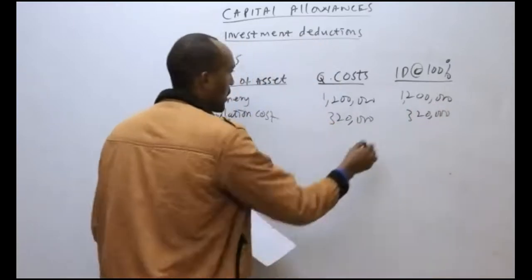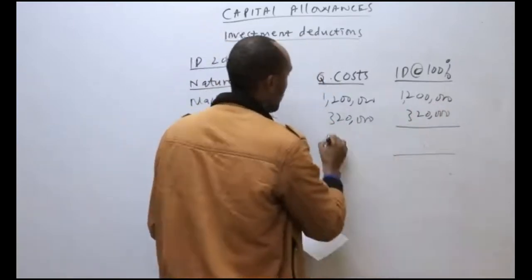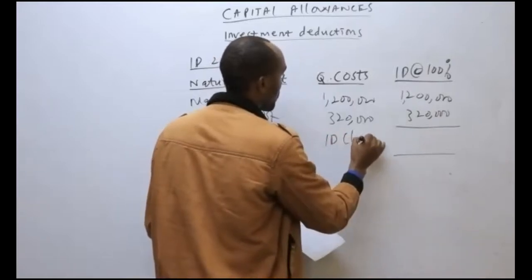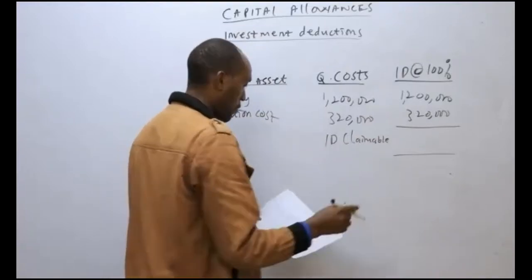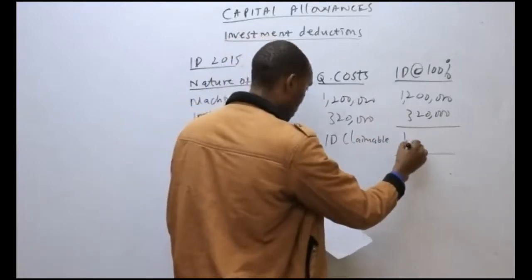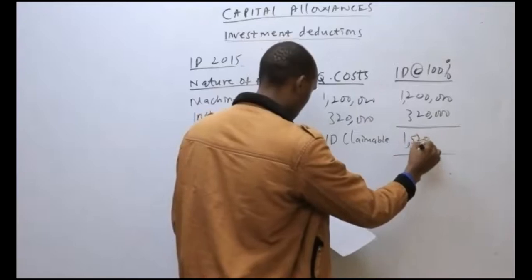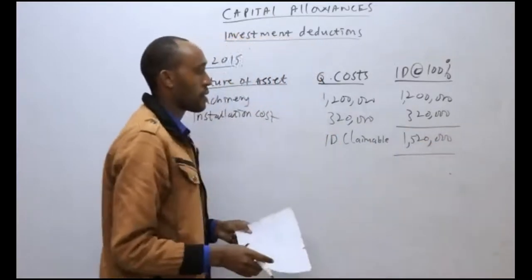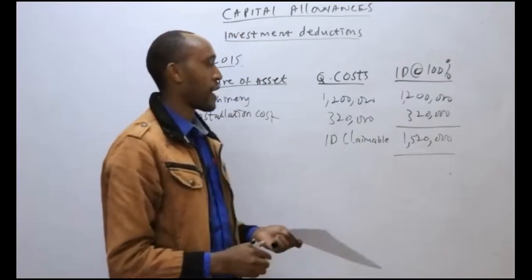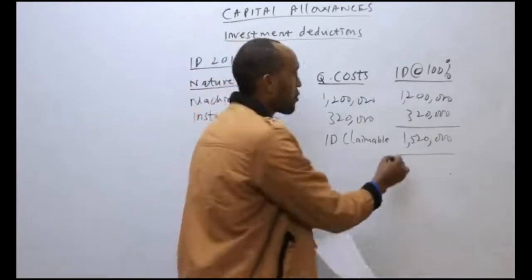So ID claimable is 1,520. Okay, so basically that is our ID claimable, and you get your clean.